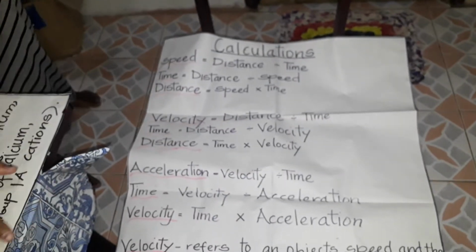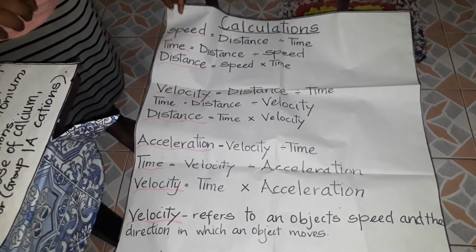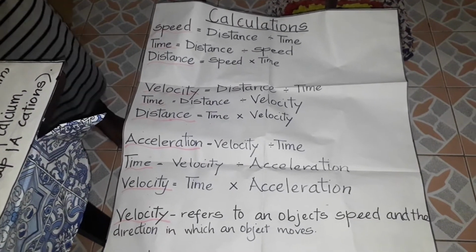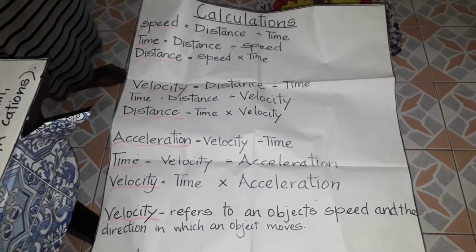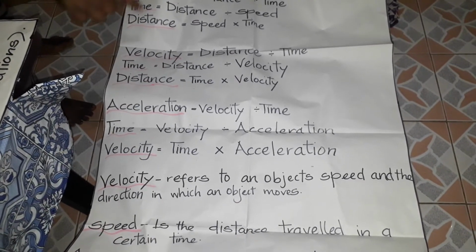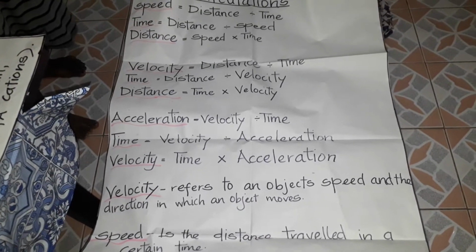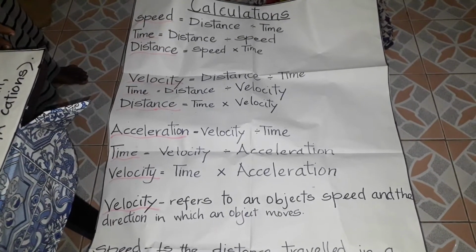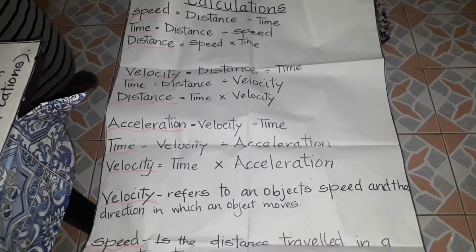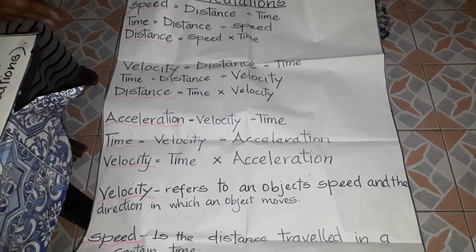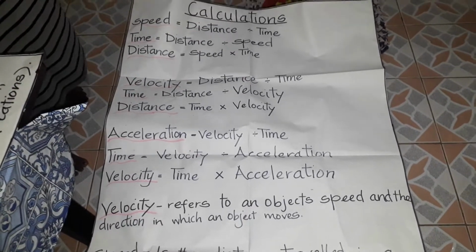Okay, that's all for the video, a short video from YouTube for the lesson on the topic states of matter. And this is my chart for lesson plan 4, which is the calculation on acceleration, velocity and speed. There are different formulas that are used to calculate the questions given on acceleration, velocity and speed.